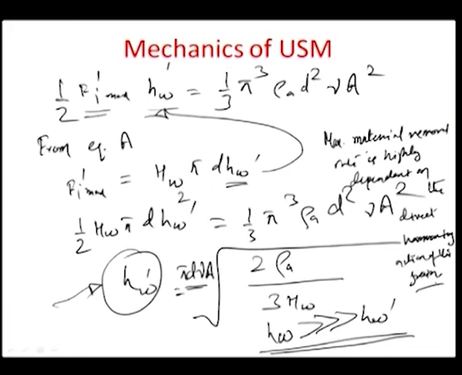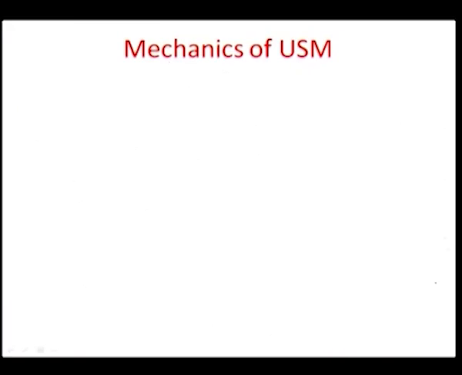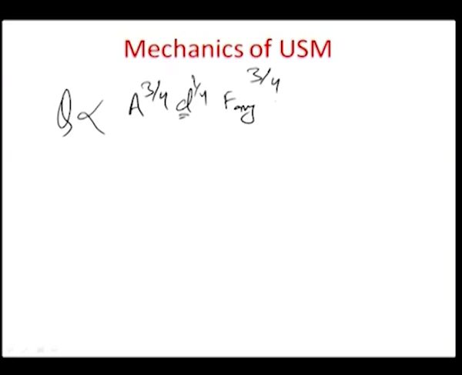And from the earlier relationship we have already seen that the MRR Q, okay, is proportional to A to the power 3 by 4, grain diameter small d to the power 1 by 4, average tool force to the power of 3 by 4, times concentration to the power of 1 by 4, divided by the hardness of the workpiece to the power of 3 by 4, times ν, where ν is the operating frequency, A is the amplitude, small d is the grain diameter, and H_W is the hardness of the workpiece.